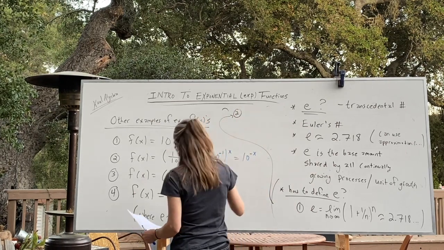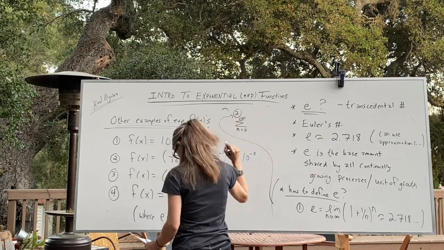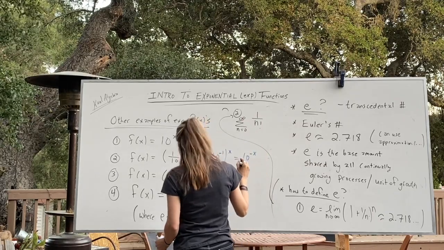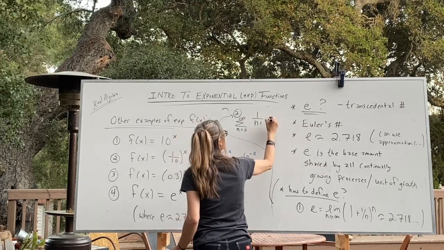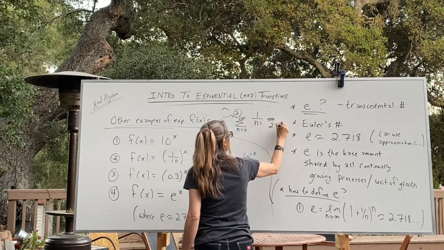There's another definition used, and that's a sum of terms of 1 over n factorial. And this goes to 2.718.